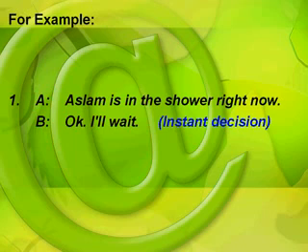An instant decision. So A says that Aslam is in the shower right now, and when B hears that, he decides to wait. So his decision of waiting is an instant decision at the time of speaking.